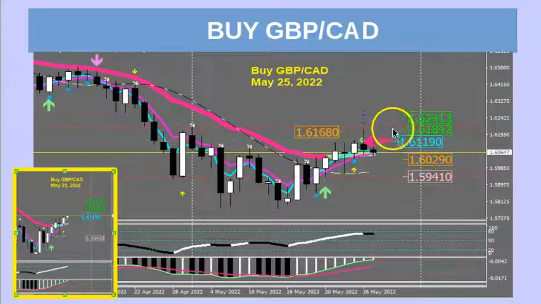Now, in one of my emails, I also said to lower your first take profit target from 1.6184 to 1.6168. Just lower it down. So if price goes up, this should be an easy enough target to reach, and then we will be a winner. Okay, so again, keep this trade open.